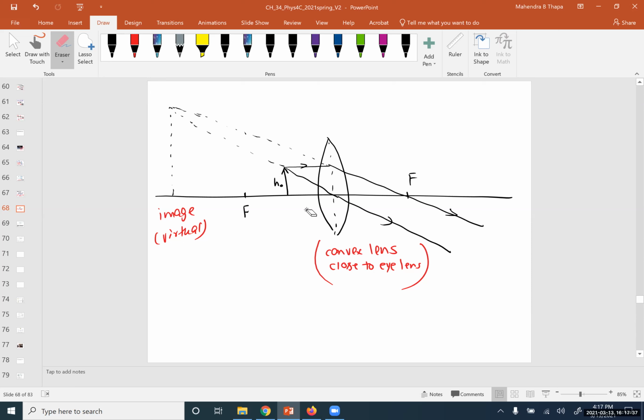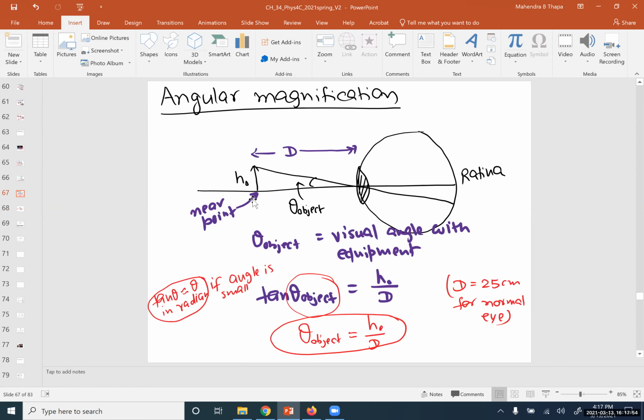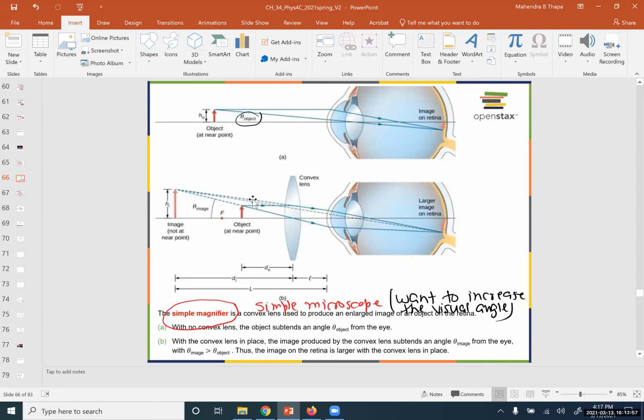So for this lens, now the angle will be different. This angle is theta. Let's see what symbol we have used in our original picture.